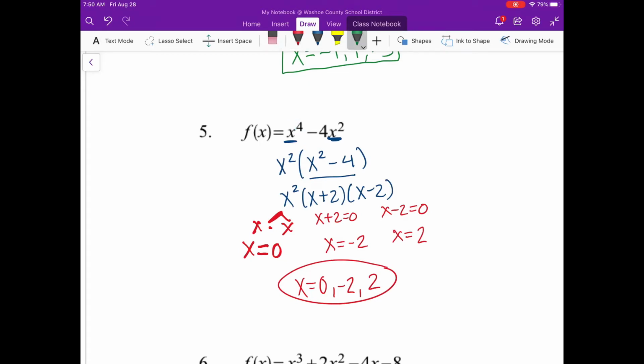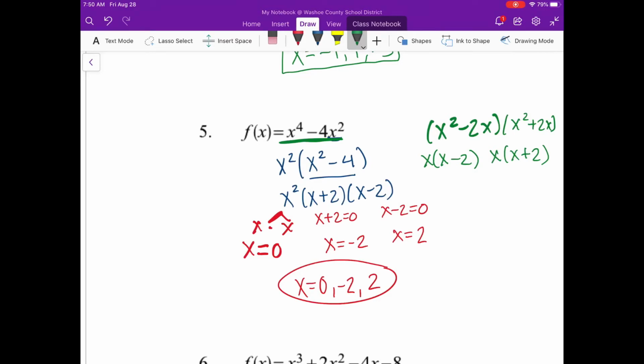You could have also looked at the original problem and seen a difference of squares from the beginning, which would actually factor to x squared minus 2x, x squared plus 2x, and then go from there, okay? And then you factor out a common x from here and factor out a common x from here.